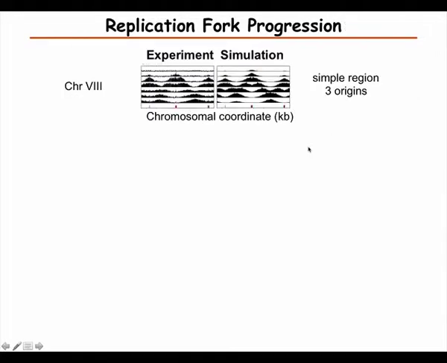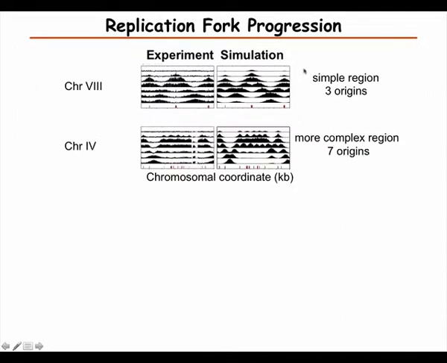If we compare experiment to our simulations, we see a very similar behavior. This is a region with 3 origins, one starting a little bit earlier than the others. We see the progression both in the experiment and the simulations. Here is another, more complex region with 7 origins.